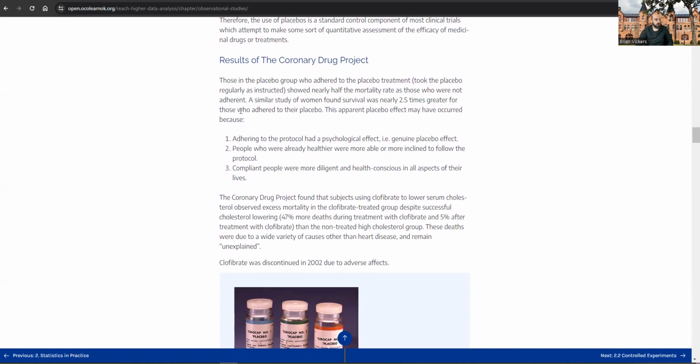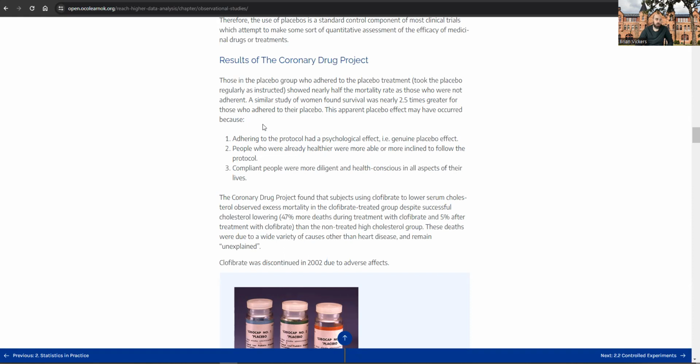Results of a coronary drug project. Based on the study, the survival rate they found was 2.5 times greater for those who adhered to their placebo, right? So the placebo itself had a psychological effect versus people who did not do the study at all. But was that the case?